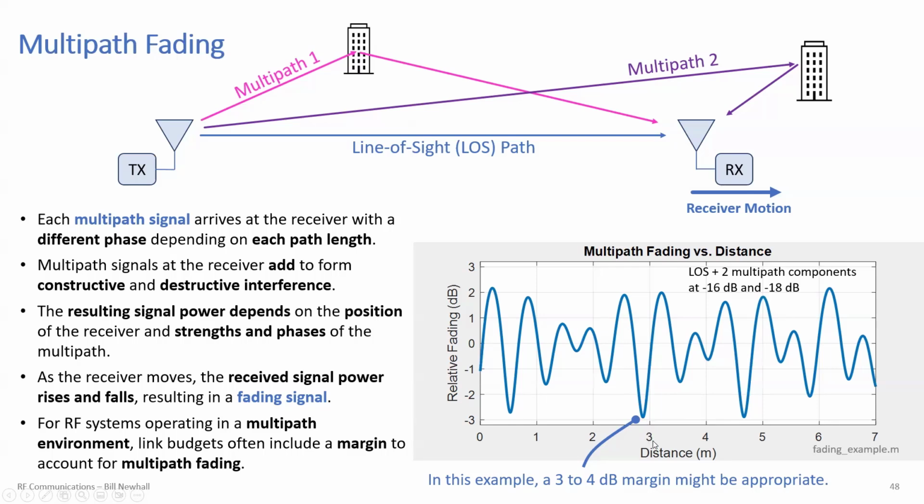Maybe I'll put a 4 dB margin in there so that when I'm at this position in space, I don't get a loss of signal. Eventually, you can get so far away, the signal level gets so far down that you'll experience fades. But let's say you're designing for a certain distance away from the transmitter with certain multipath parameters. In this case, you might include this kind of margin.